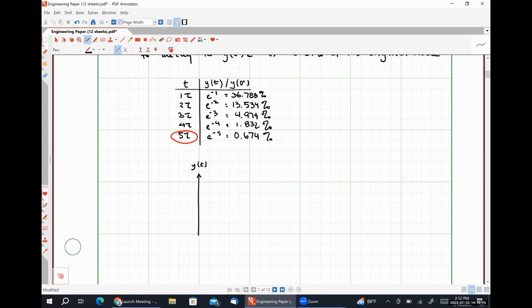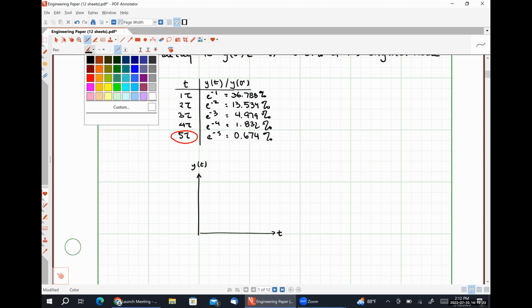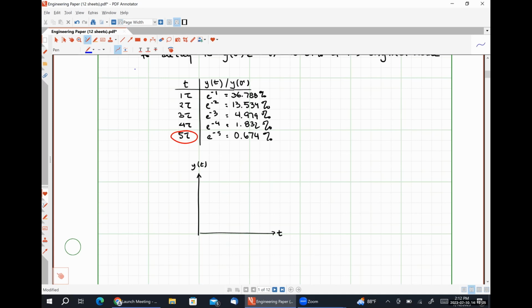Here's Y. Here's T. After 5 time constants, our value is effectively 0.